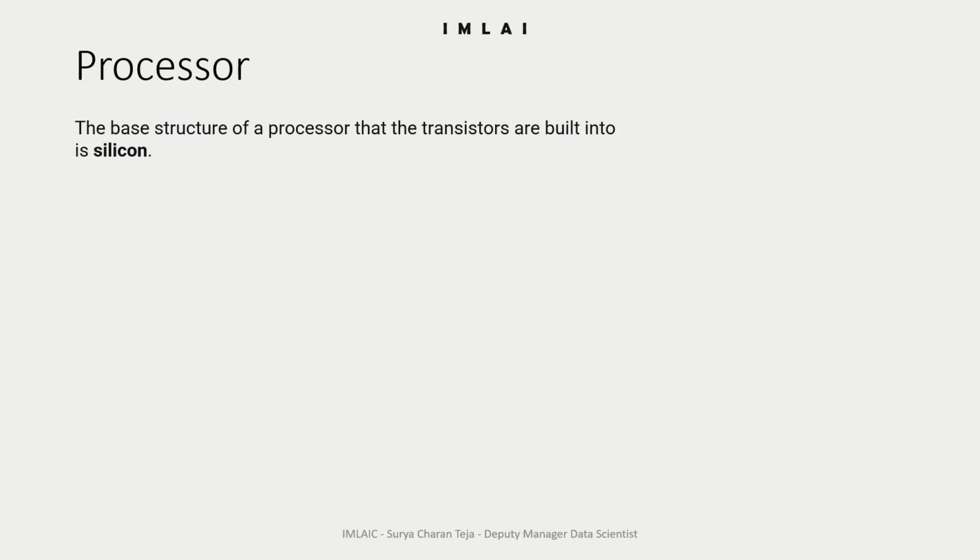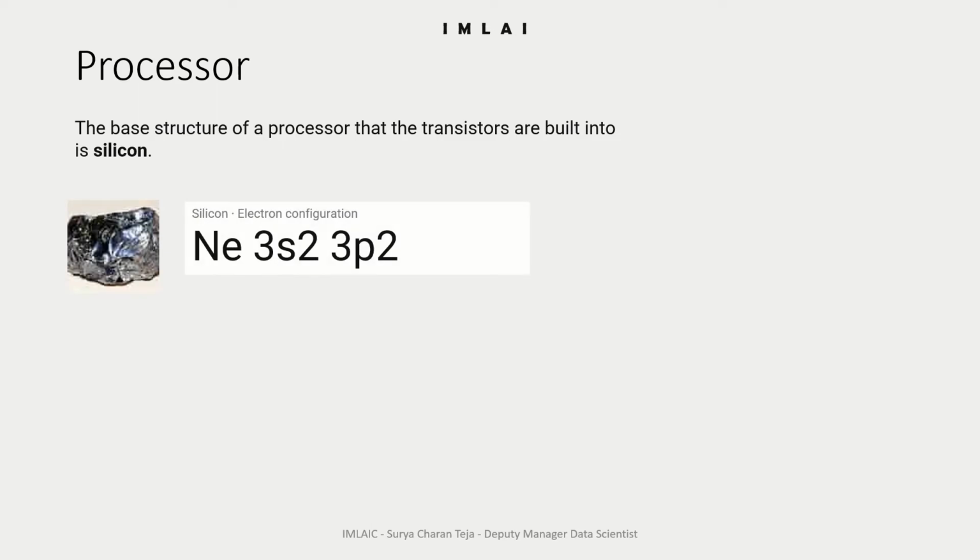So now the base structure of a processor, that transistors are built into, is silicon. So this is our silicon. What is silicon? Silicon comes from sand after treatment and doping with some doping agents such as boron, phosphorus, gallium, etc. We make p-type and n-type semiconductors based on doping.